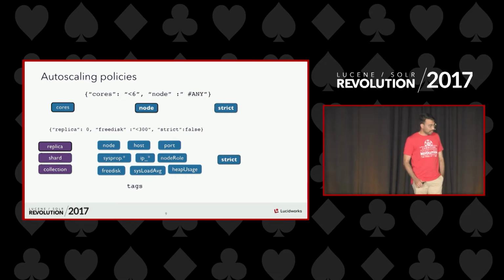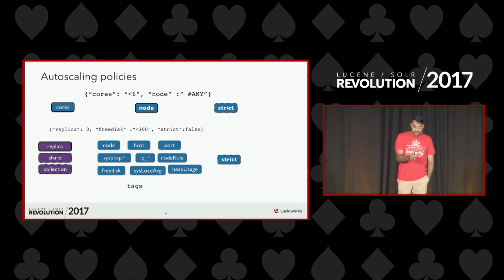That's one such condition. Another example you can see in this one is, put all the replicas in nodes with free disk greater than 300. So it says replica equal to 0, free disk less than 300. Like, don't put any replica in a node which has free disk less than 300.